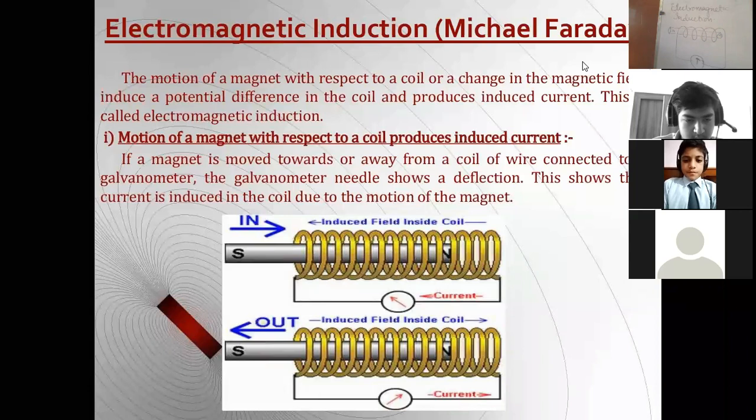Now, the current which is induced in the coil depends on certain factors. The induced current is directly proportional to the rate of change of magnetic flux, that is, the speed at which the magnetic flux is getting changed.